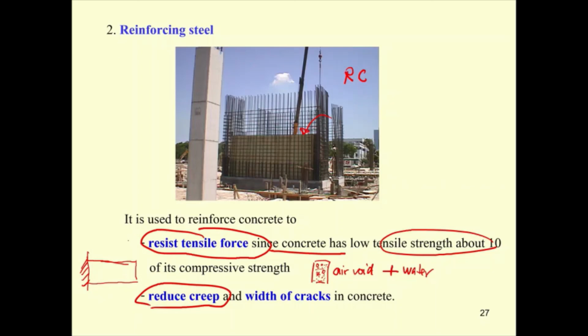When it's subjected to force, this part is going to be in compression, and the water is going to leach out from the air voids. What follows is that when the water is out, this beam may deflect like this. When the force is released, it won't rebound back due to creep.